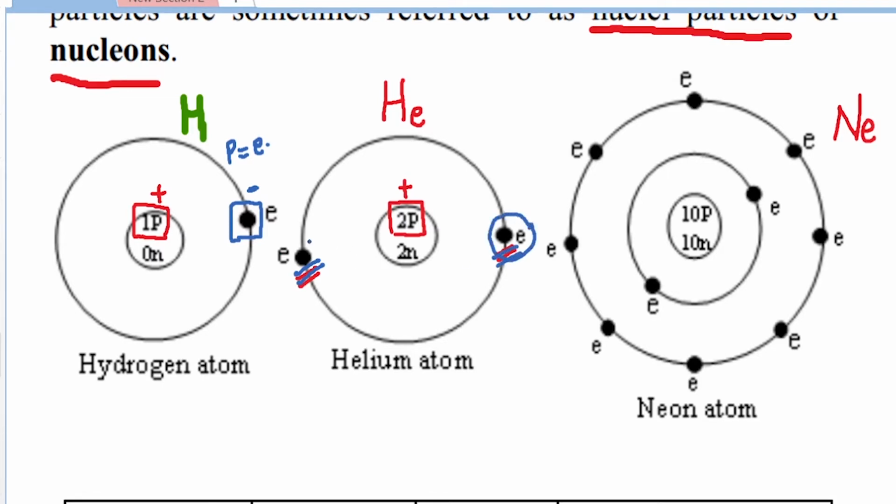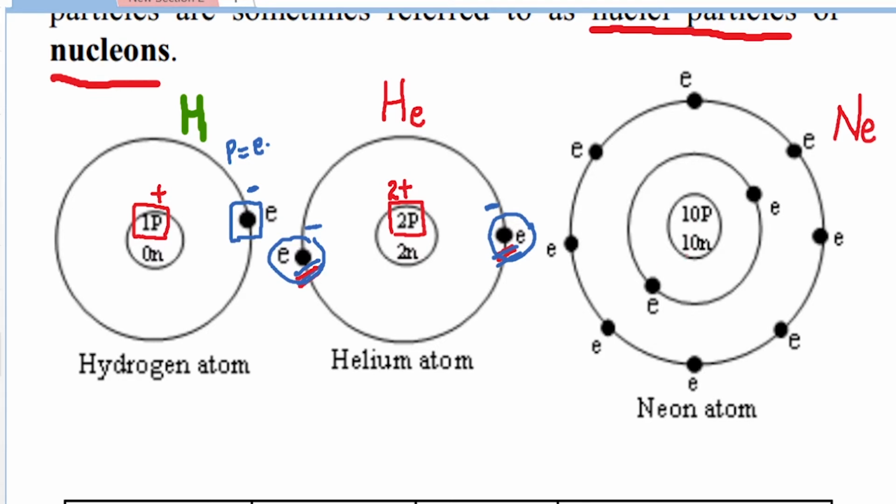So in other words, you have 2 electrons, 2 negatives. Do you realize that we have 2 protons here? In other words, we have two positive charges and also 2 negative charges. In other words, the number of protons in the nucleus is the same as the number of electrons that are running around that nucleus. The same story when we come to the neon atom.